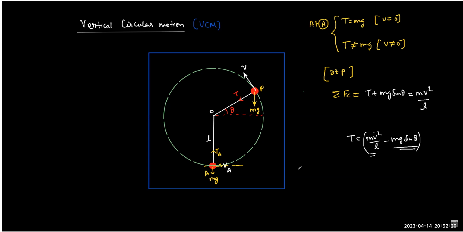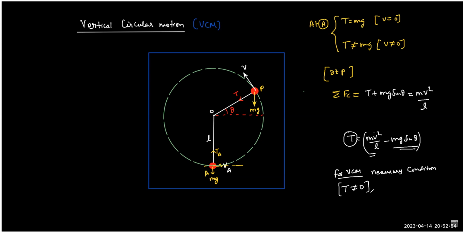For a motion to be circular motion at every instant, the tension must be non-zero. So for vertical circular motion, the necessary condition is that at no point of the journey does the tension become zero.